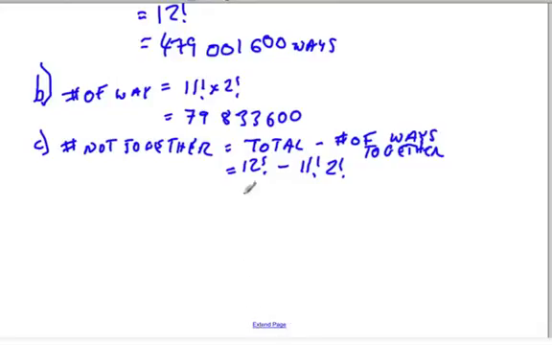And when we do this, we get an answer of 399,168,000 ways that we can award the medals where the captain and the assistant captain do not get their medals one after another.